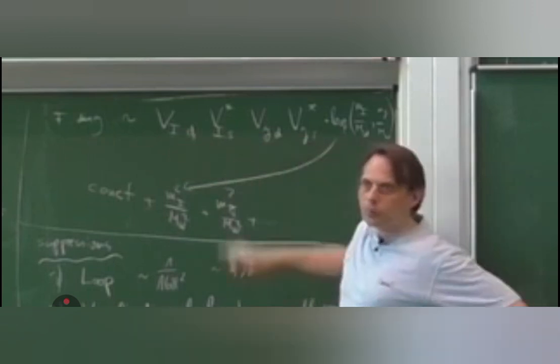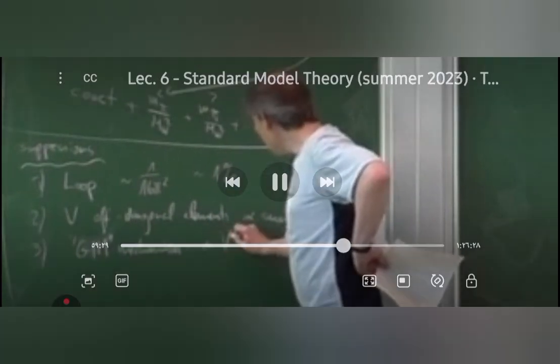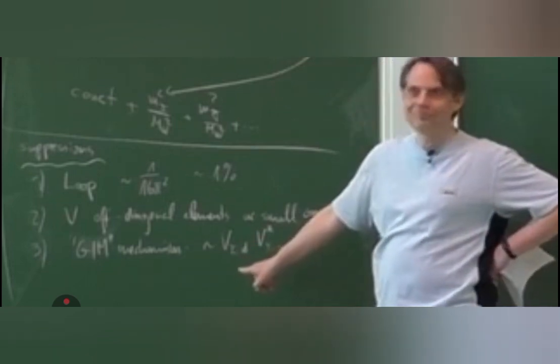What happens in this sum? In the sum you get, for example, one term V_id times V*_is. What happens if you sum over i? What is this combination?